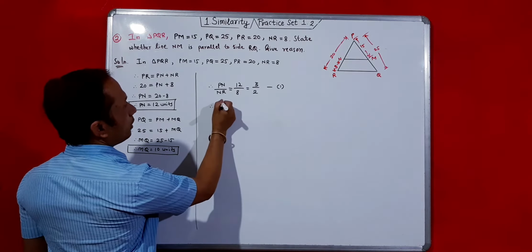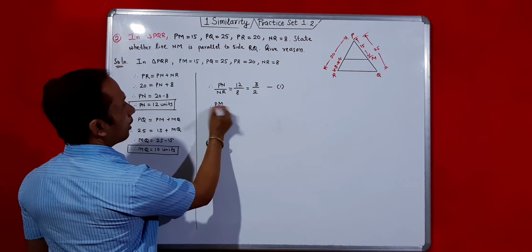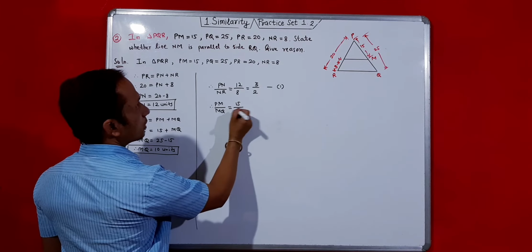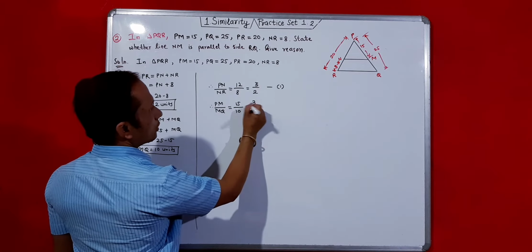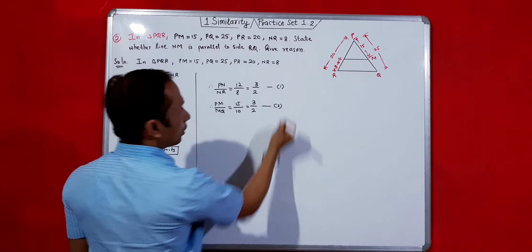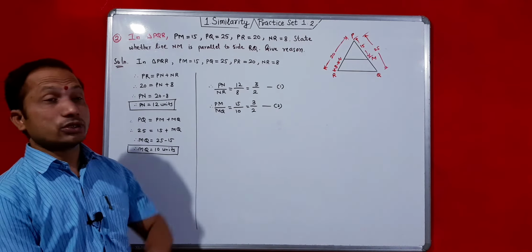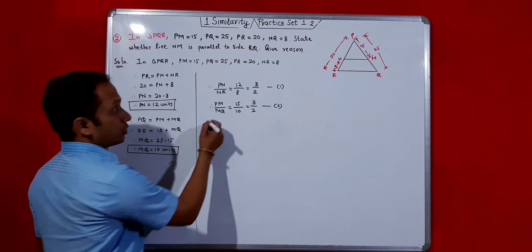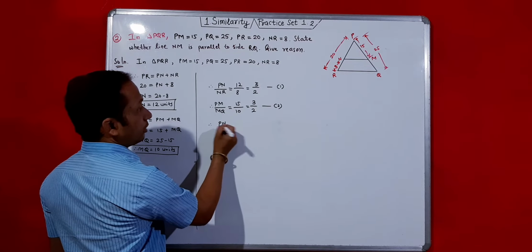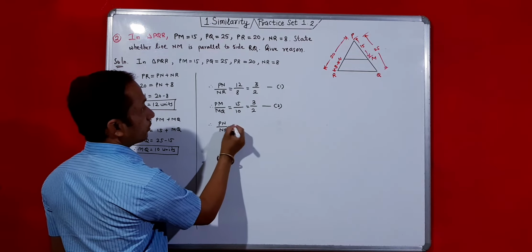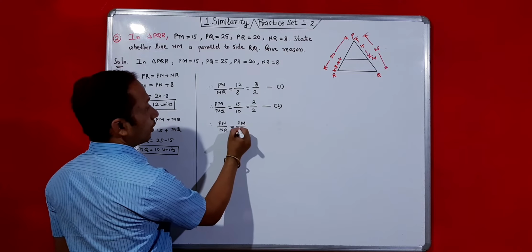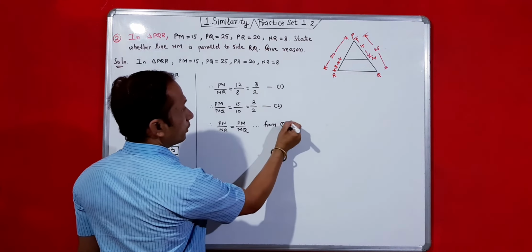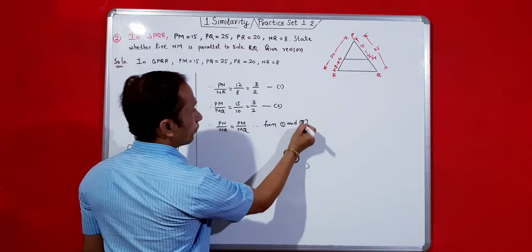Second, PM upon MQ: it is 15 upon MQ, which is 10, so this is also 3 upon 2. You can check these measures, which are just the results after the calculation. So PN upon NR is equal to PM upon MQ. This is from 1 and 2.